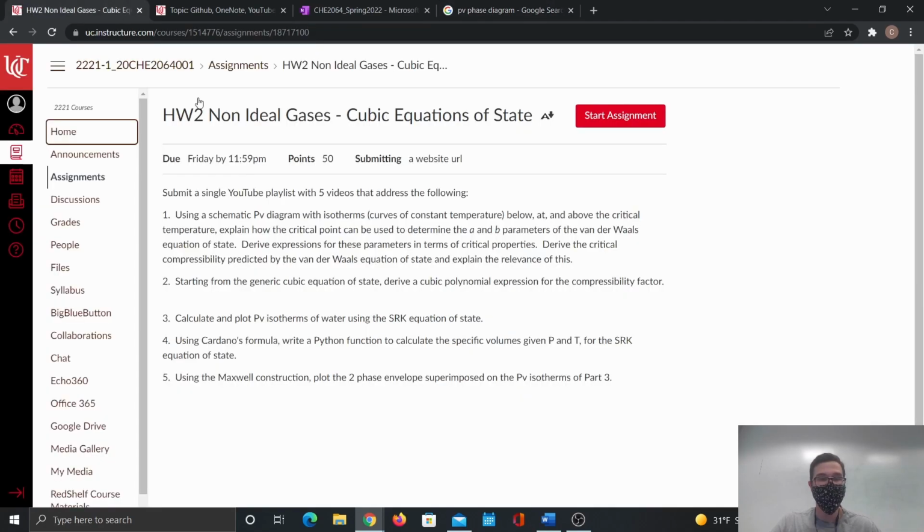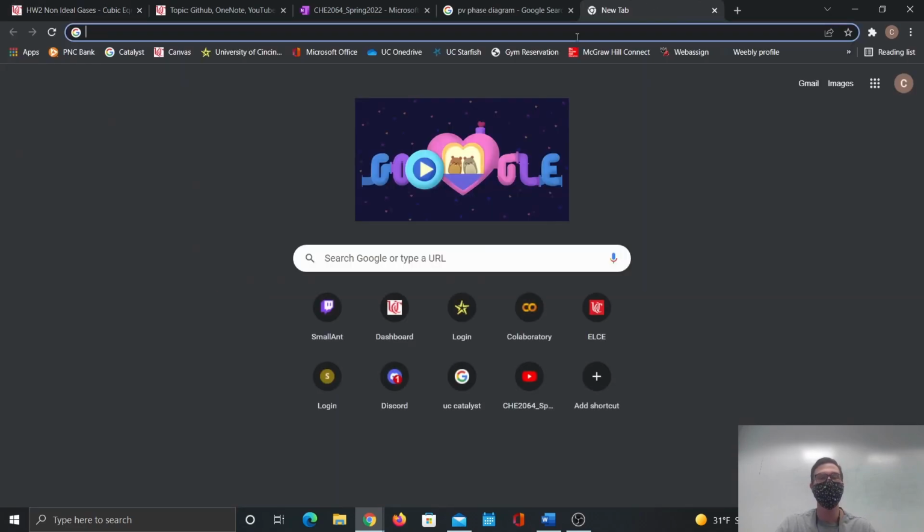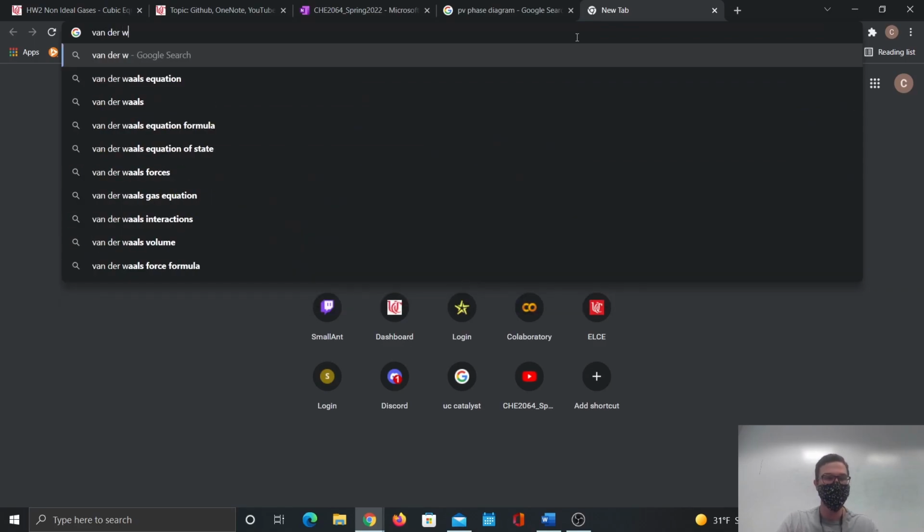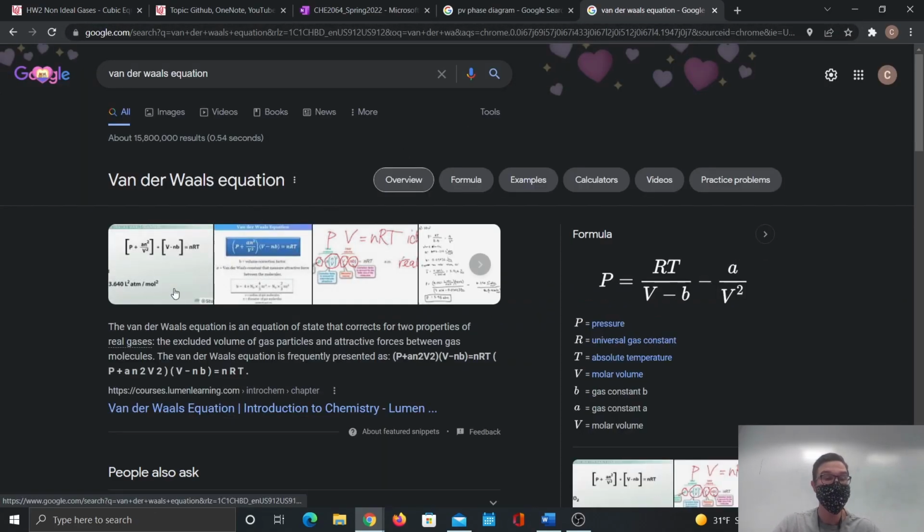So, to explain how the critical point can be used to determine the A and B parameters of the van der Waals equation of state, let me pull up the van der Waals equation.